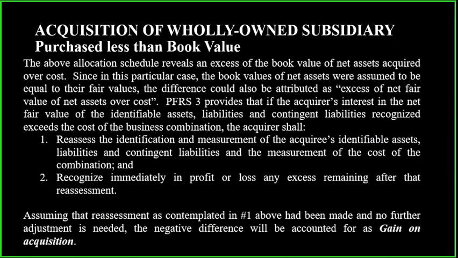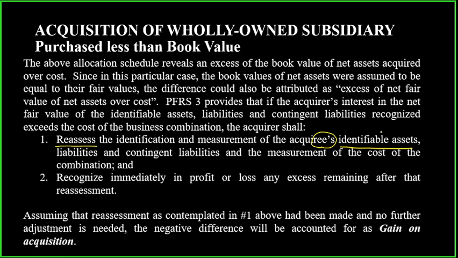There are some notes for us to consider. If this happens, the negative goodwill or gain on bargain purchase, what are we supposed to do? First, you have to reassess the identification and measurement of the acquiree's identifiable assets. Maybe you just measured them wrongly.